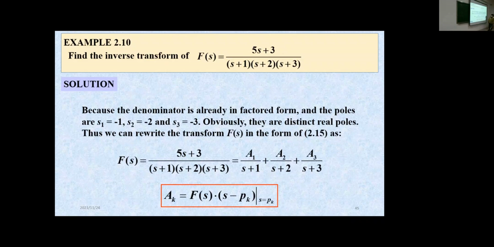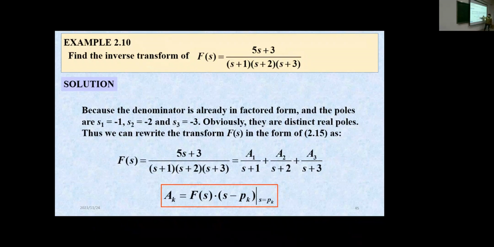How about A1? If we want to solve A1, then we should let F(s) times (s minus pk). For this, pk should be -1. First, you should multiply this with this, so this is cancelled.